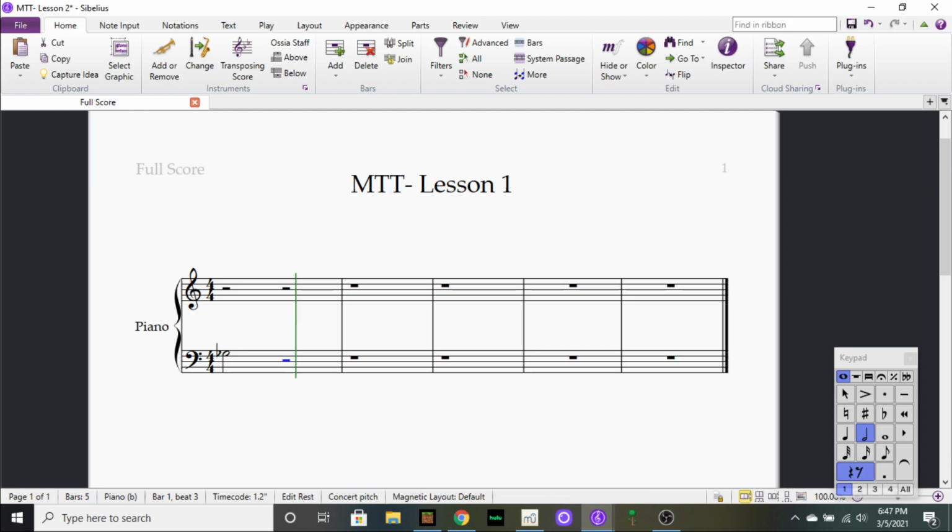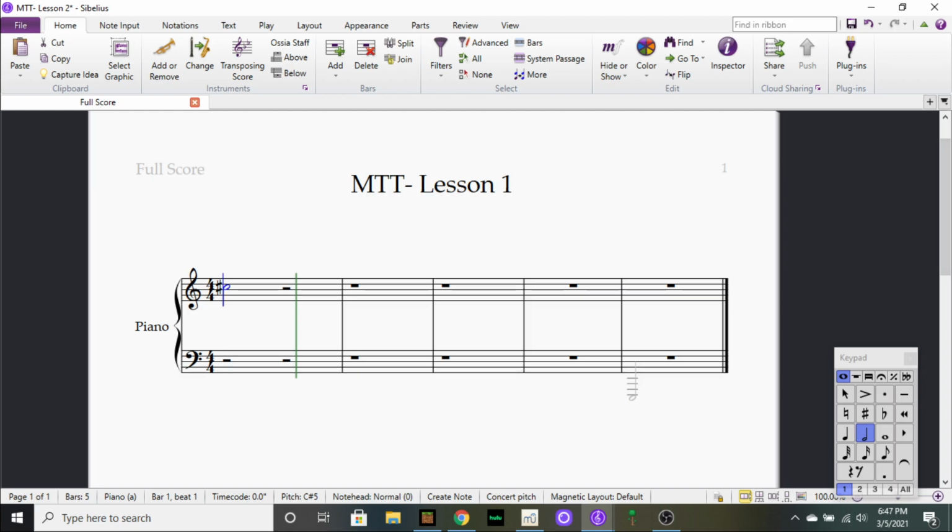And I will give you an example up in treble clef. So, let's say we have a C sharp. Let me put a sharp on it. A C sharp.